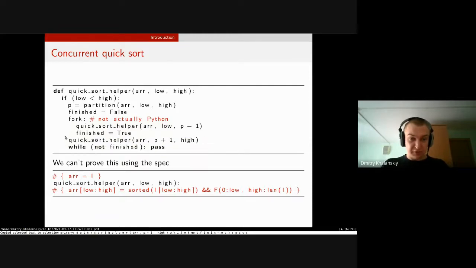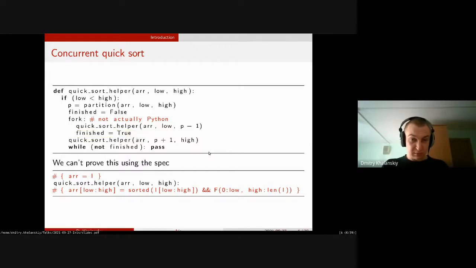So in the main thread, we have one recursive call of quicksort, and then we wait until the other recursive call that is running in parallel finishes. The spawned thread indicates that it has finished by setting the finished variable to true. Is everyone comfortable with this definition of quicksort?